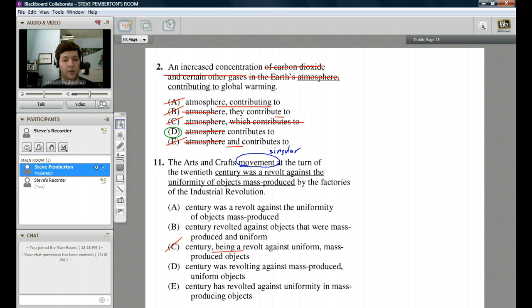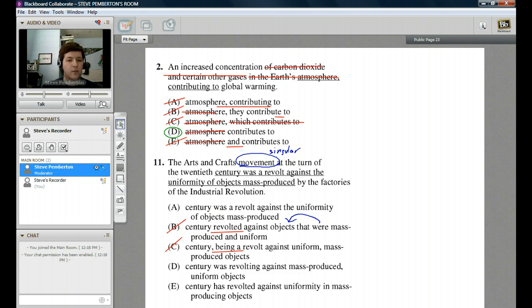There was only one choice with the word "were." And actually, it's okay to use that "were," because the word here, in answer B, applies to objects. So, "the arts and crafts movement at the turn of the 20th century revolted against objects that were mass-produced." The "were" is fine, but now it's making it sound like the movement revolted. Movements don't revolt. People in movements revolt. So it wouldn't be B, because it changes the meaning now.